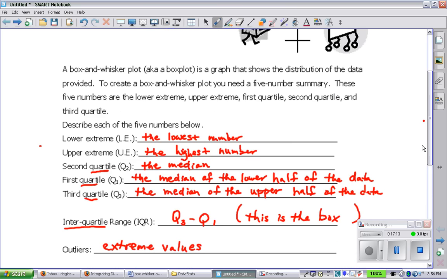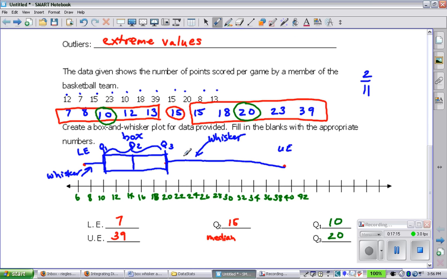So look at our whiskers here. When I was talking about symmetry before, this is not symmetrical. If I tried to split this physically in half, the two halves would not be mirror images of each other. But if you look, the whisker on the left and then the two sections of the box are fairly similar in length. So that means all these numbers down here are pretty well close together. But then you go all the way down here to the upper extreme, which is 39, and that whisker being so long makes you look like you have a lopsided cat.